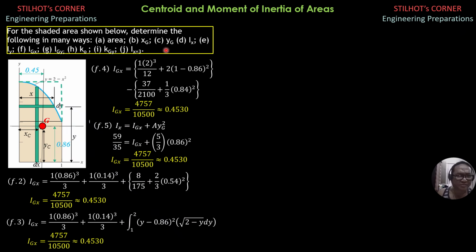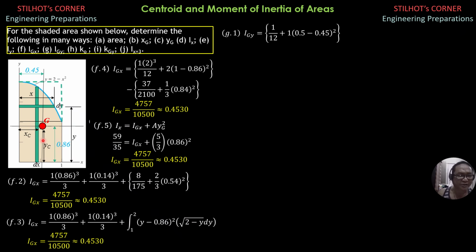Then we proceed to G. This is IGY. So first way, G.1, IGY equals moment of inertia. We have to transfer the moment of inertia of the square then to the centroidal y-axis of the entire region, and this parabola. We already have formulas for that. So for the square, 1/12, 1 cube, so 1/12, area of square 1.